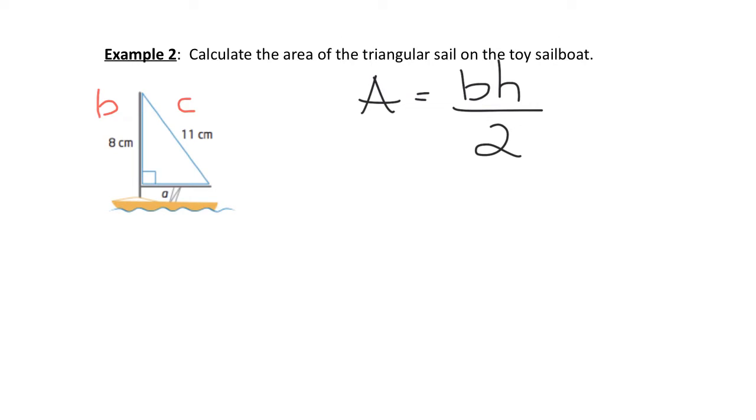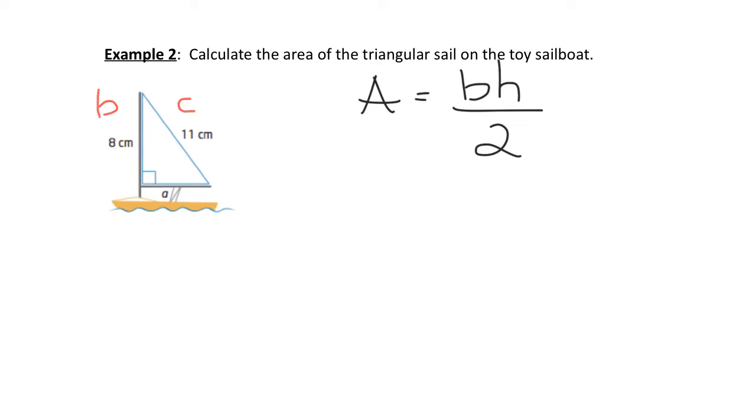So do we have enough information to go ahead and find the area of the triangle? Well, we have the height. The height of the sail is 8 centimeters, but what we don't have is the base. We don't know what the bottom side of this triangle is. And so before we can go ahead and find the area, we actually need to solve for this missing side.